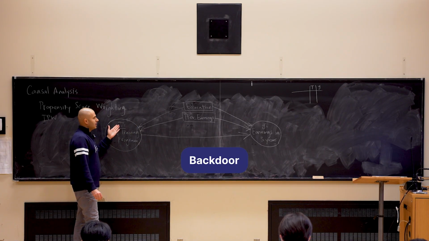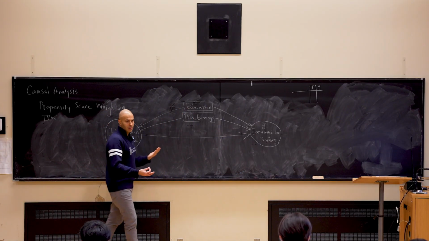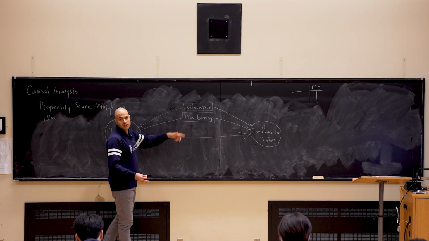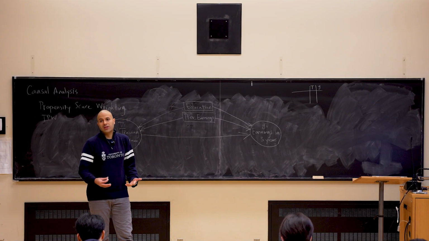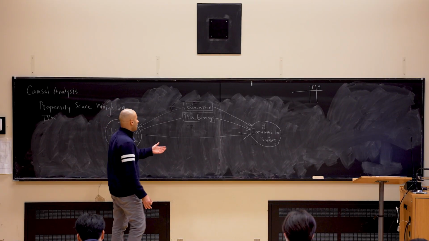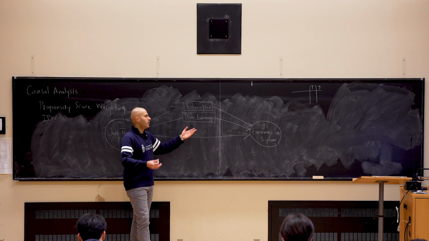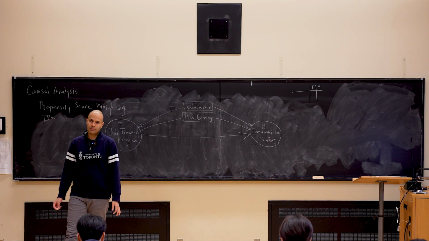So if we go from T to previous earning to Y, that is a path. And this path goes against the direction of this arc. That's why we call it a backdoor, right? So it's essentially the confounding effect that previous earning has, and if we don't adjust for it, it represents itself in the main effect that we would have in a univariate regression of Y on T, right?